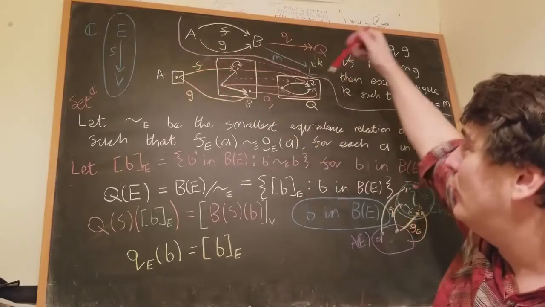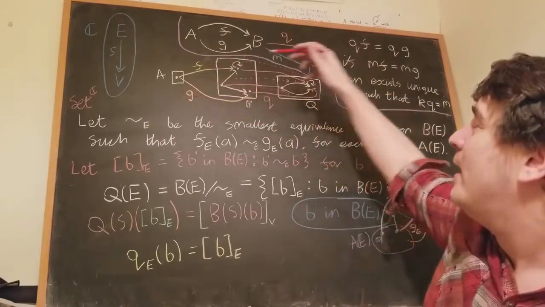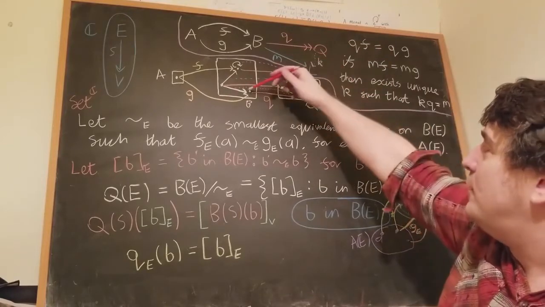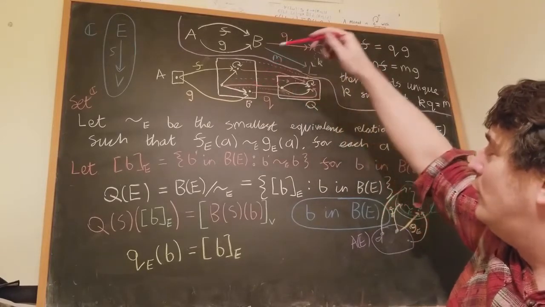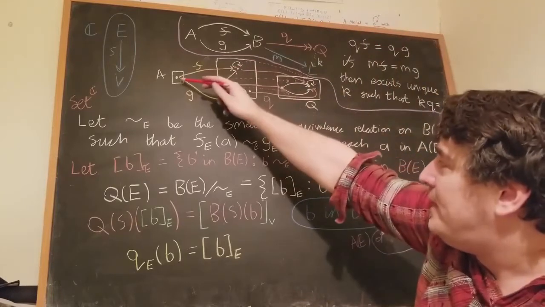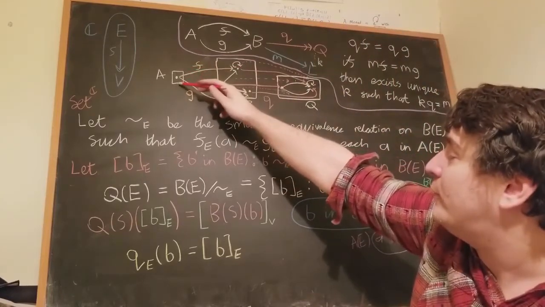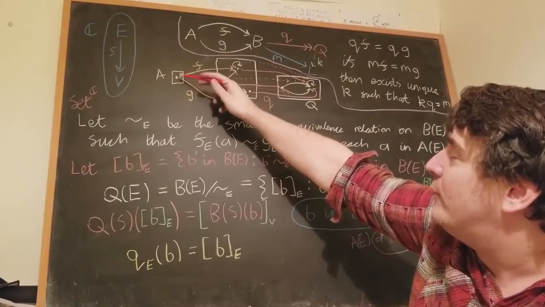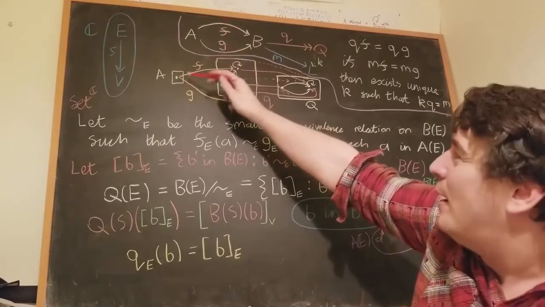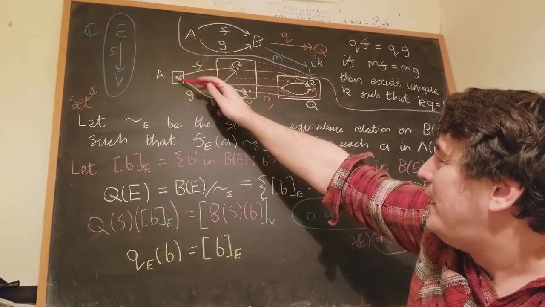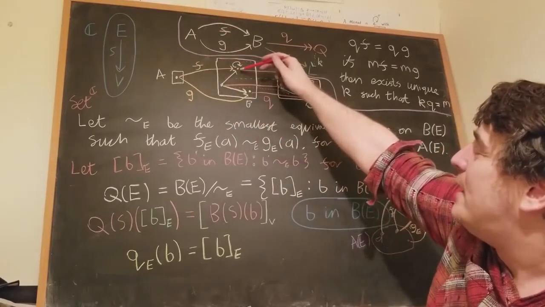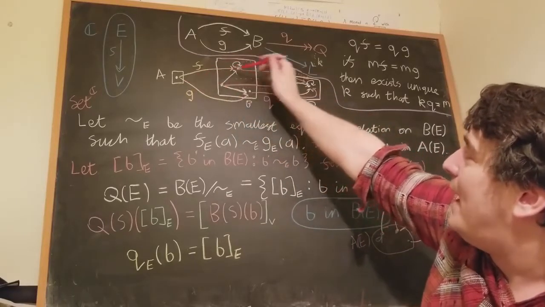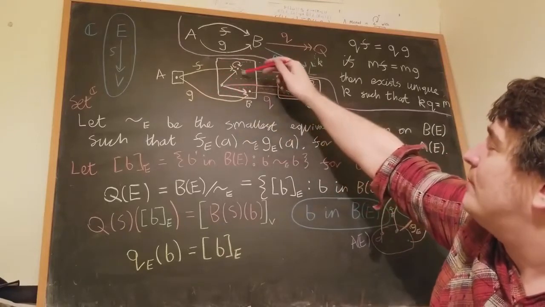So I can talk about the interesting thing that's going on here. What we do is look at A of E, let's say that's the set of vertices of this graph A, and for every element of A of E, there's only one, what we do is we identify F E of A and G E of A, okay?